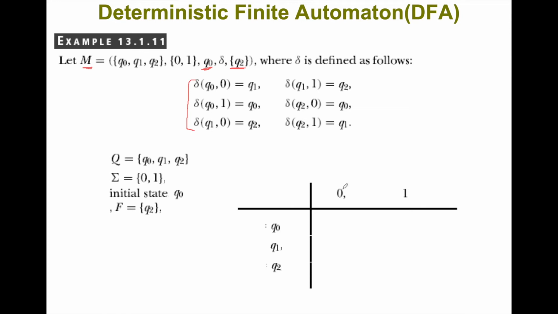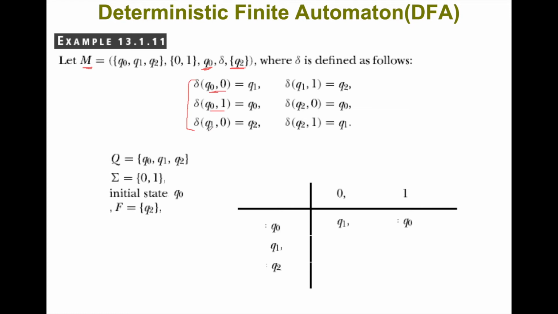Now if 0 comes in Q naught, if we can see here, if 0 just entered in Q0, it will take me to Q1. If 1, then I will remain in the same state.